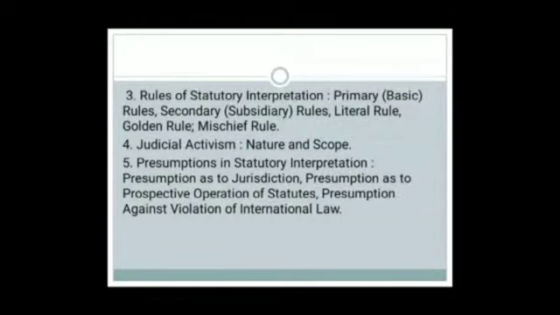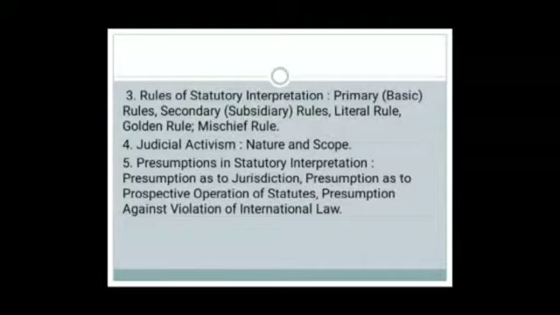They are further divided into primary rules and secondary rules: literal rule, golden rule, mischief rule. These are very important rules, right?